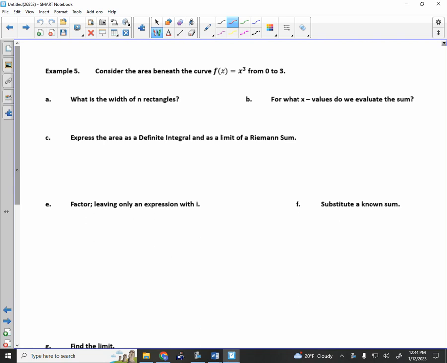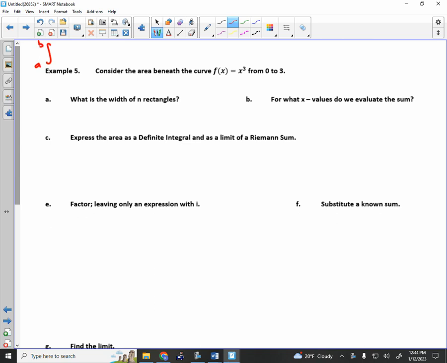Okay, please, at the top, write this down. What is that symbol called? It is called the integral symbol.